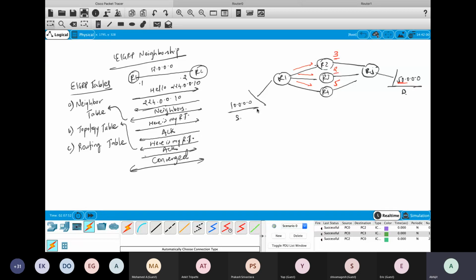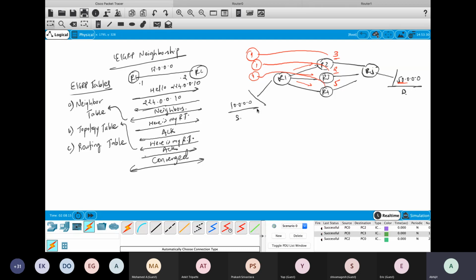Now what's going to happen is that R2 will give only the best route out of the available 3 routes to R1. Then R3 will also give its best route to R1, and R4 will also give the best route available to it to reach 50.0.0.0.